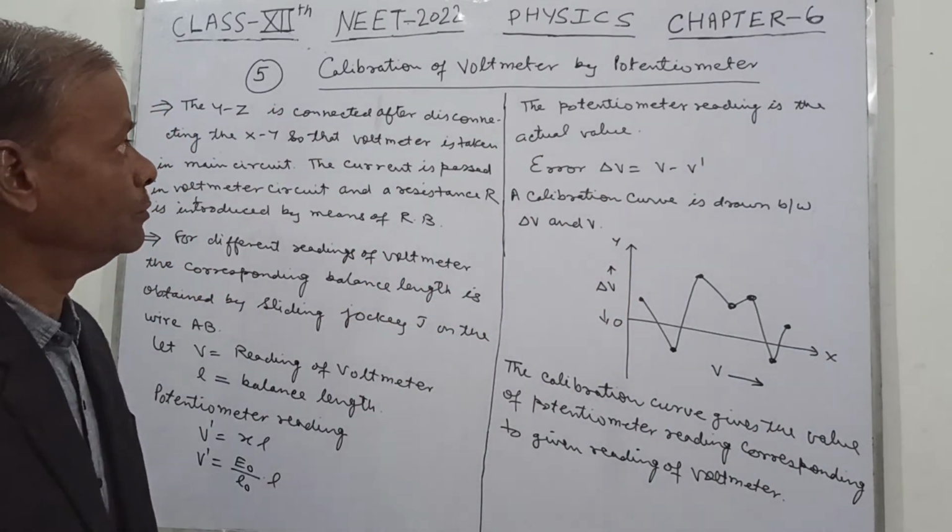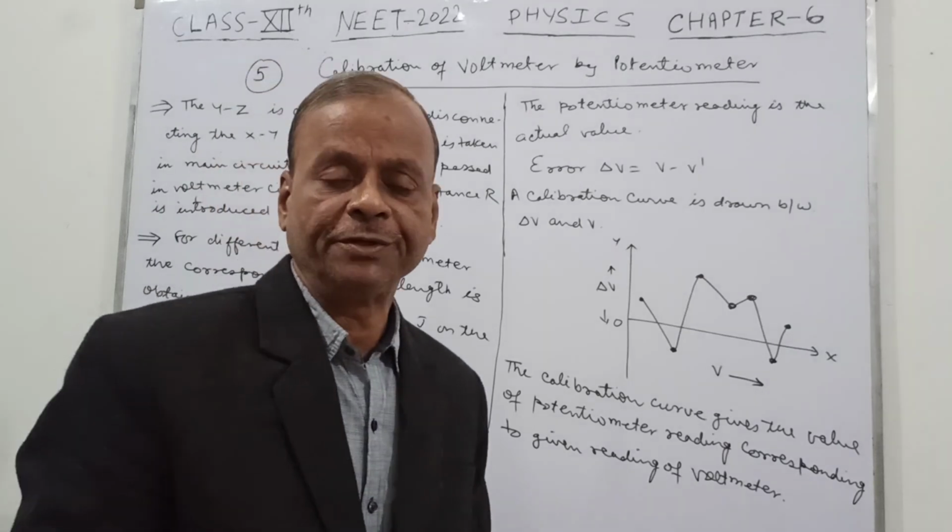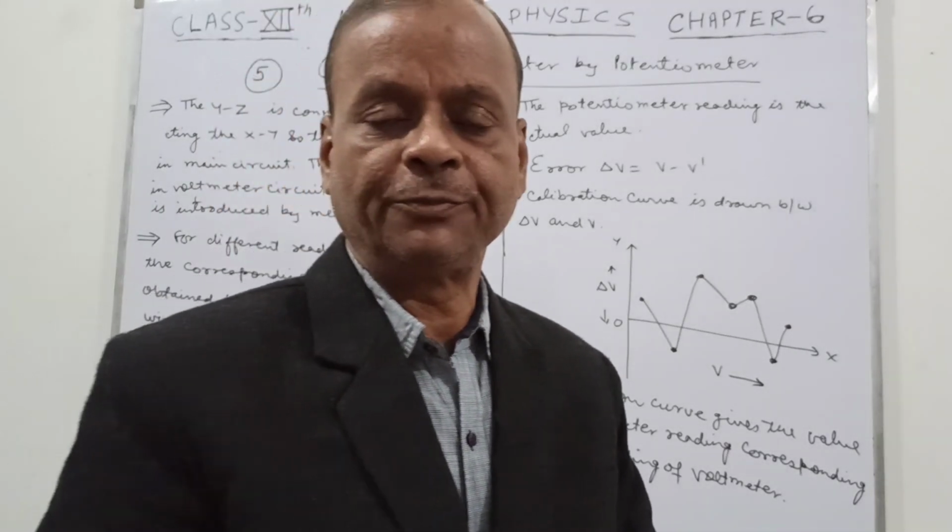So this is how the calibration of a voltmeter is done with the help of the potentiometer.